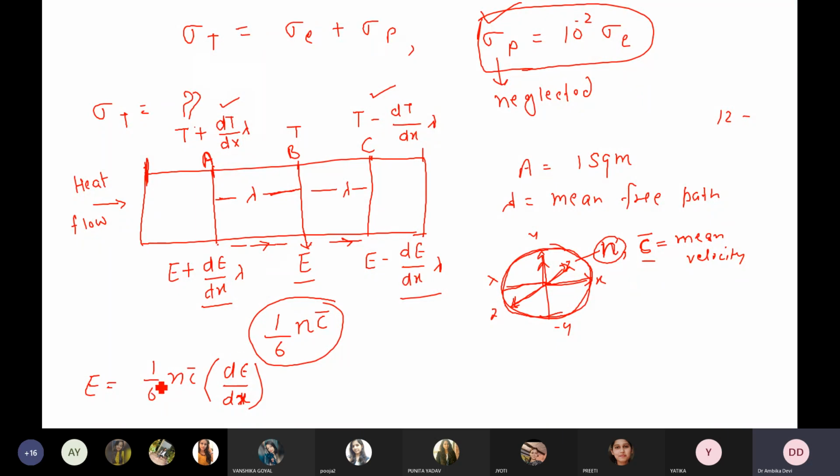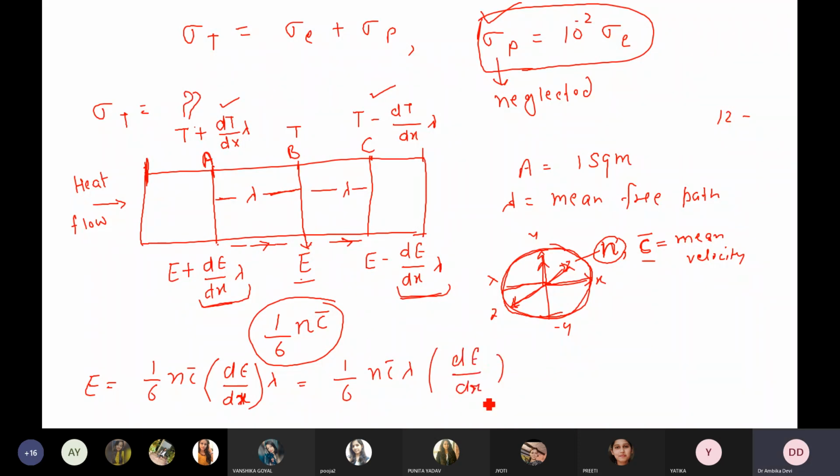Okay, so this is the energy received by B from A, and lambda is also there, ठीक है? ये आपका एनर्जी चेंज है, dE by dx into lambda. So total energy received by B in one particular direction is equal to 1 by 6 n c bar dE by dx into lambda, which we can simplify as n c bar lambda dE by dx.